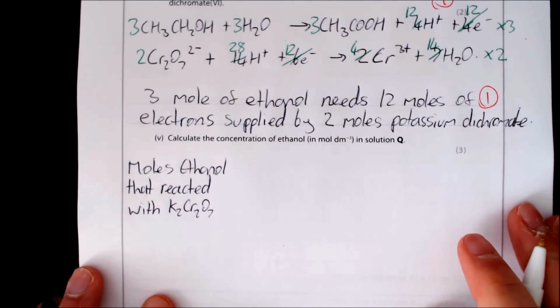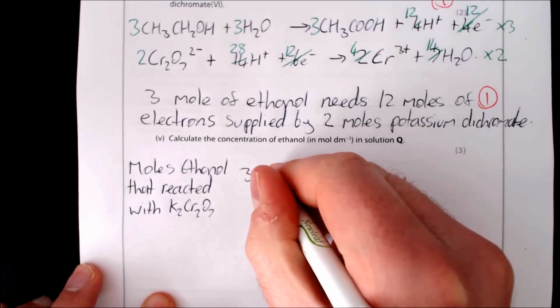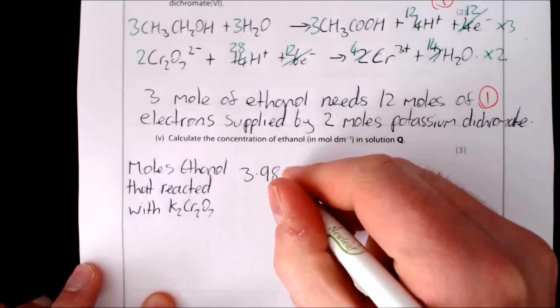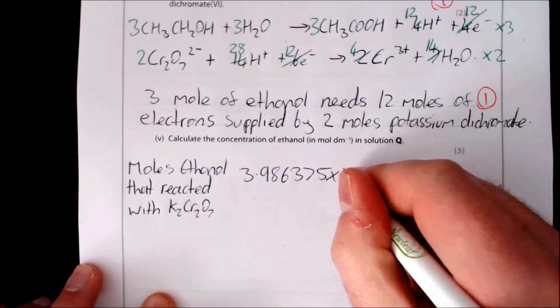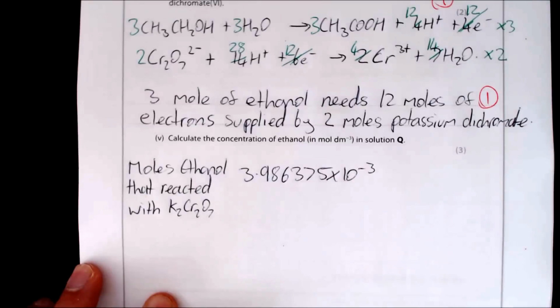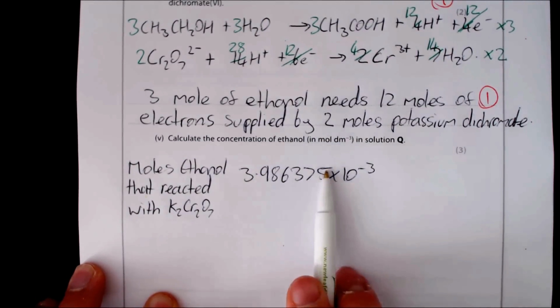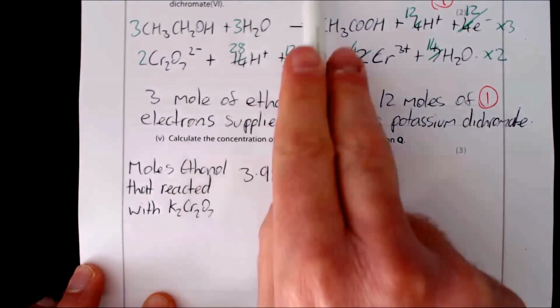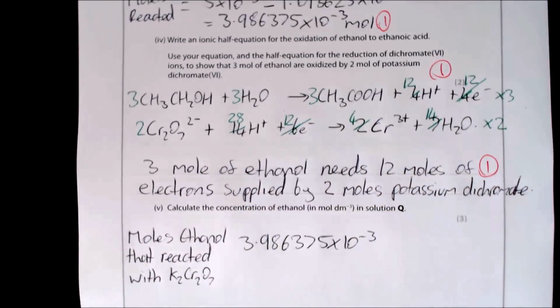Okay, so we're just going to put that there, 3.986375 times 10 to the minus 3. Okay, now what we need to do is work out the number of moles of ethanol. So we've got the number of moles of dichromate, which we had here. This is the number that we worked out in the previous question. This one here, that was the number of moles of dichromate.